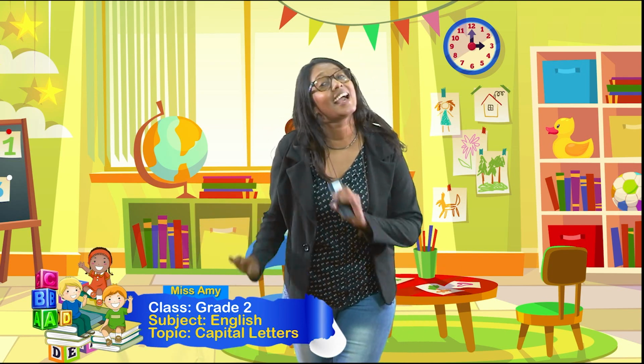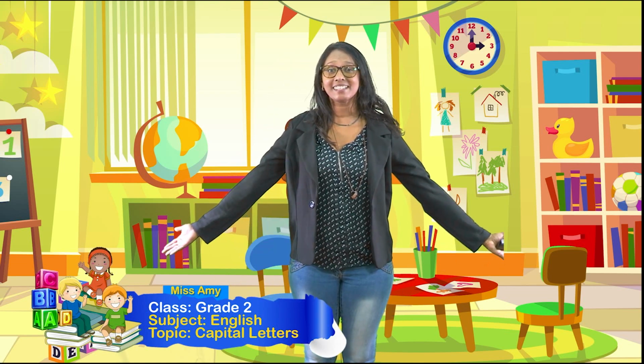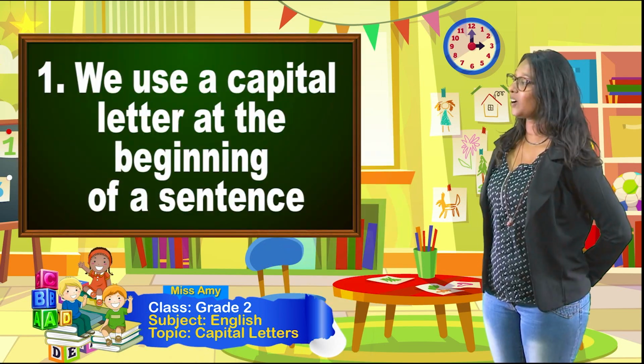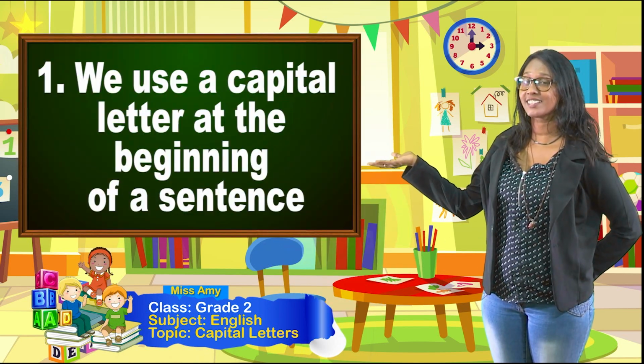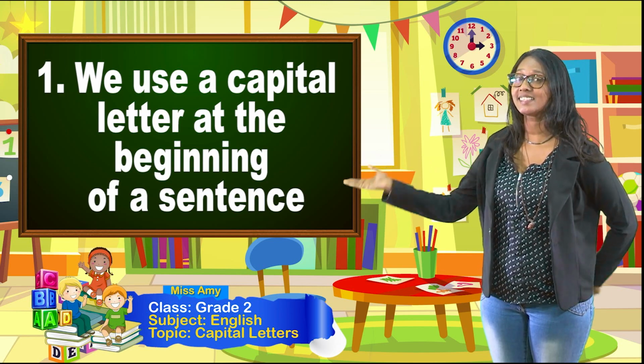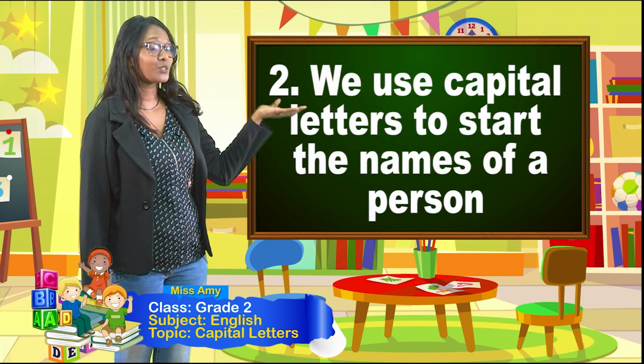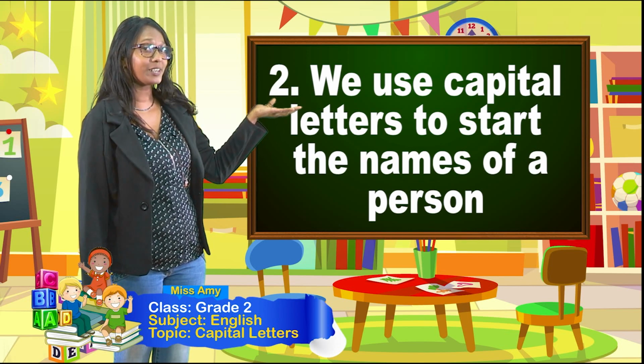Okay, boys and girls, let us do one more recap before Miss Amy has to head off. So, let us talk about capital letters, boys and girls. Are you ready? Now, we use capital letters at the beginning of a sentence. We use capital letters for special names for boys and girls, for persons.